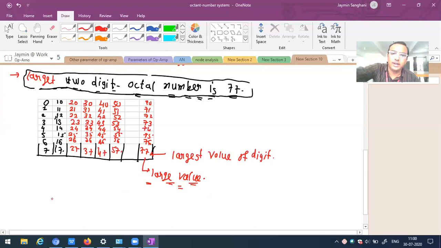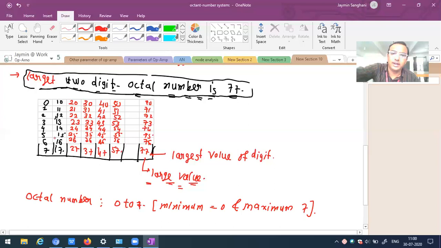Now see, for an octal number the minimum value is 0 and the maximum is 7. So we say that this is the largest value in two digits.